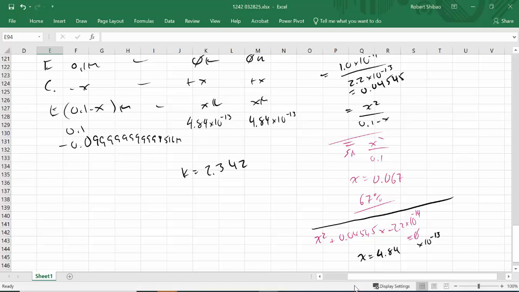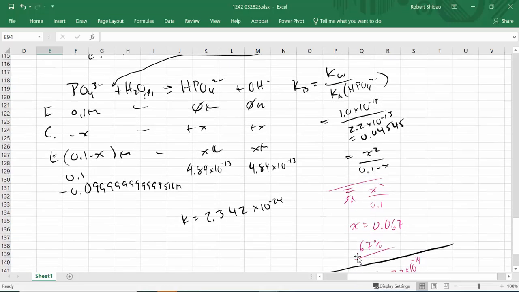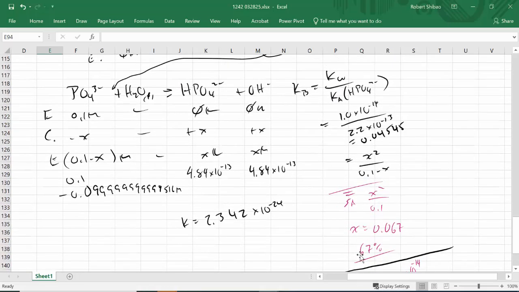That gives 2.342 times 10 to the minus 24. If I look at that K value and I compare it to the K value here, it's way off. Do you see that? It's way off.